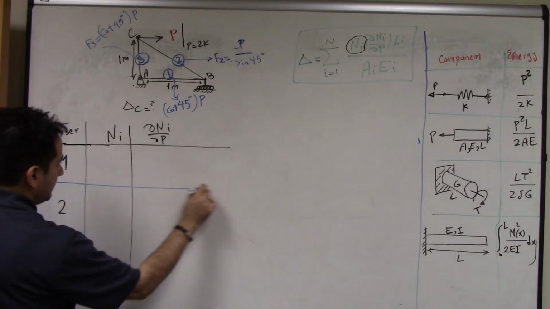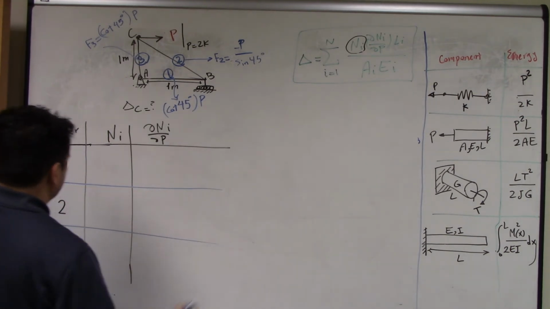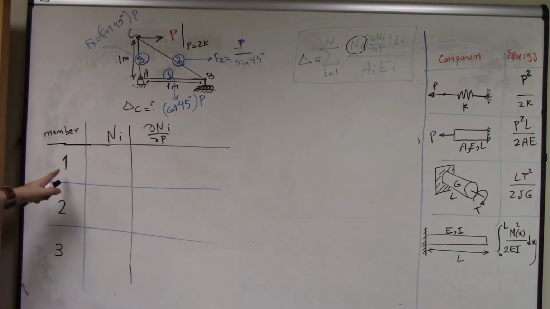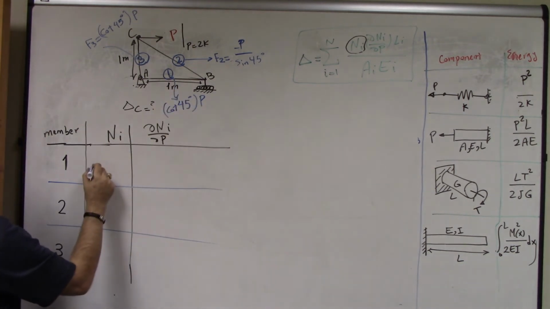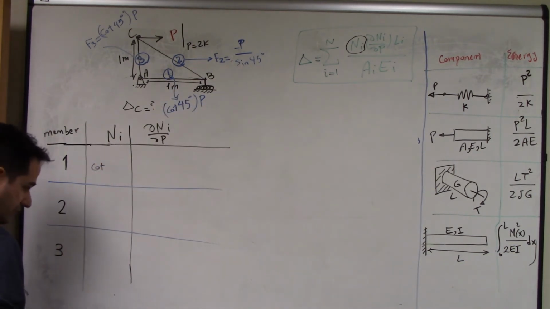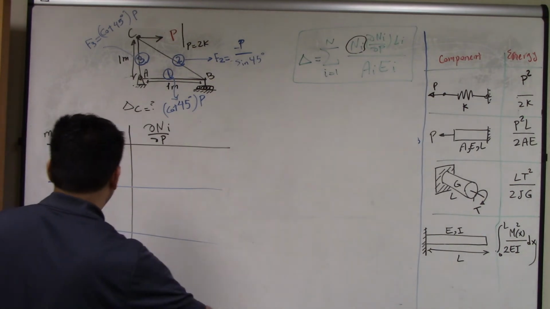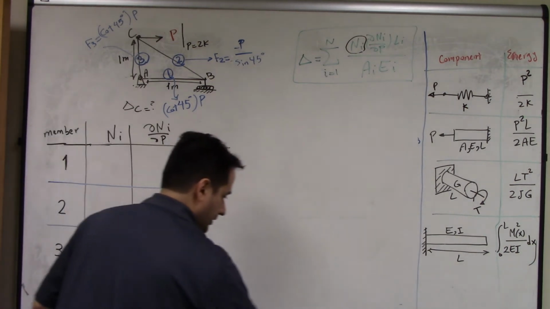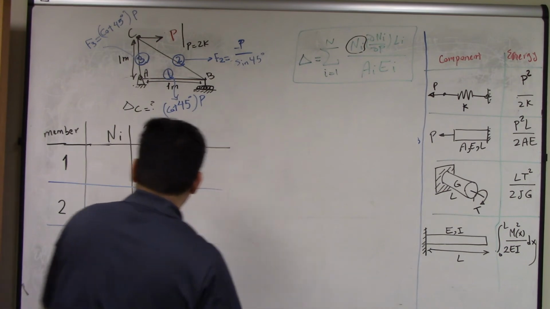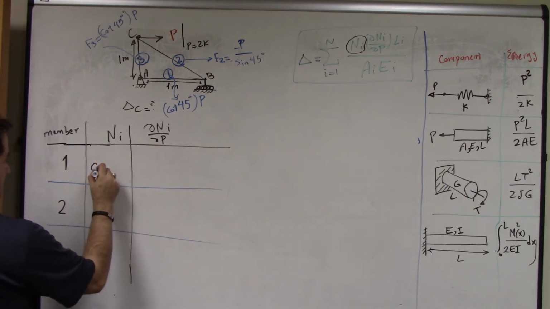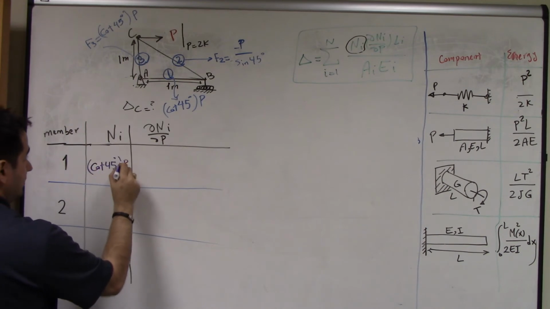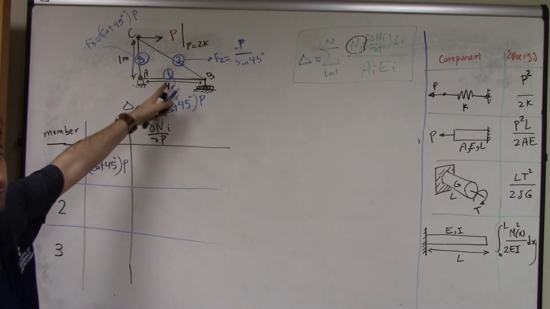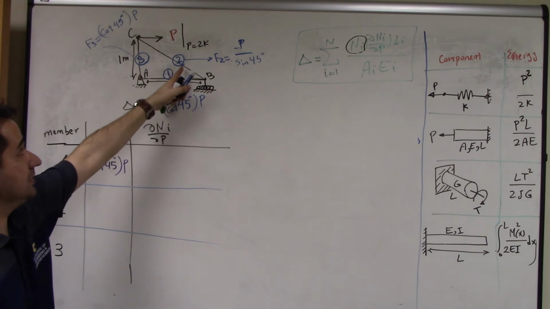So for member 1, the axial force is cotangent 45 degree times P. Let's use a different color to make it more visible. Force, axial force in member 1.